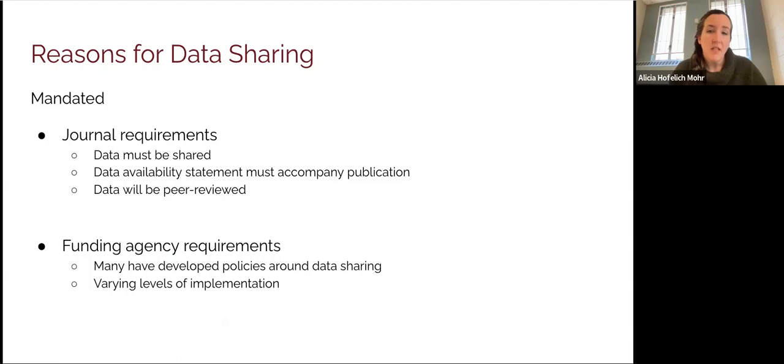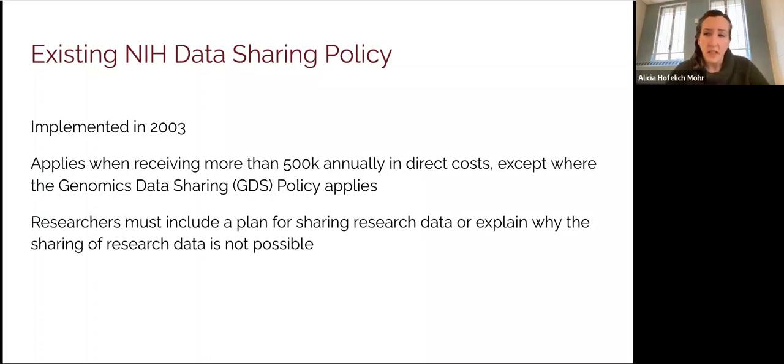Other requirements for data sharing come from funding agencies. And so many of them, as you're submitting grants, folks need to write in their grant application plans for managing and sharing their data. And so there are varied levels of implementation among the different funding agencies. One in particular that is changing is the policy for funding coming out of the National Institutes of Health, or NIH.